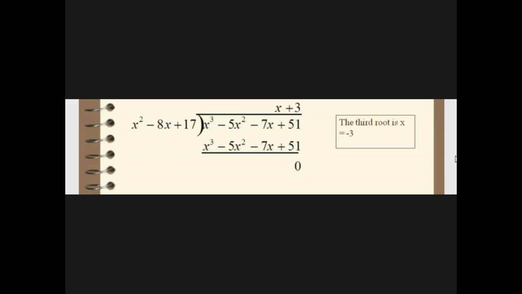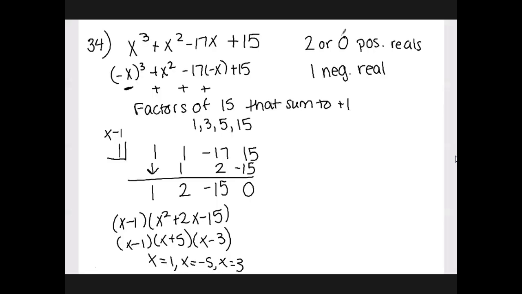So I did 34 for you to give you another example. For 34, what I did was compare the positives and the negatives. So I got 2 or 0 positive reals and 1 negative real.